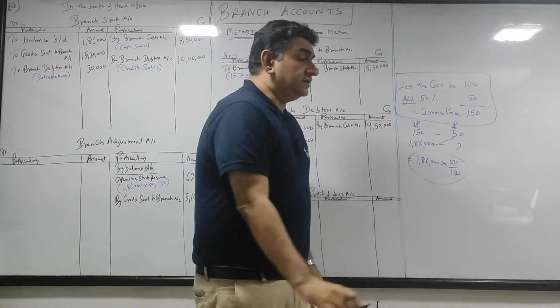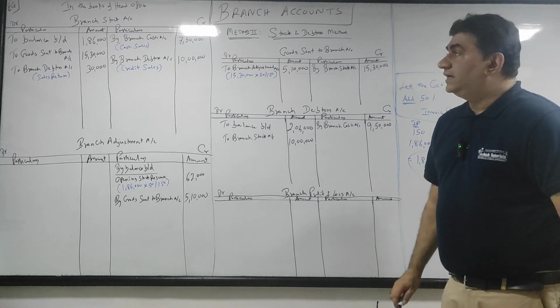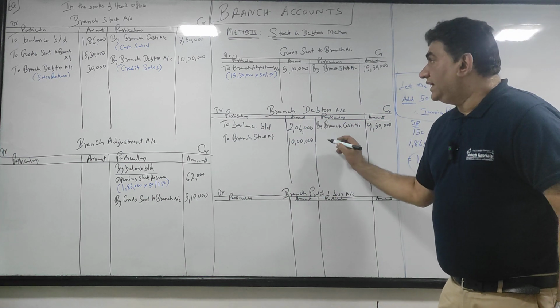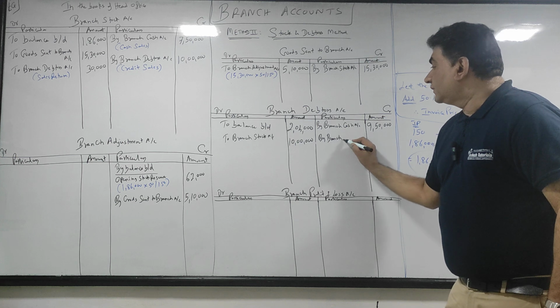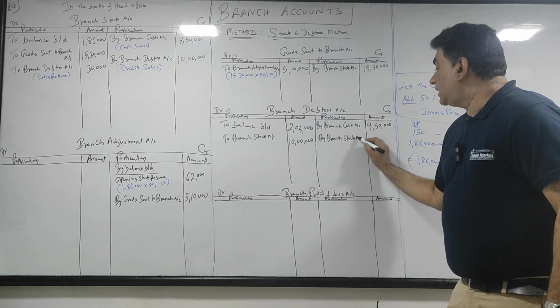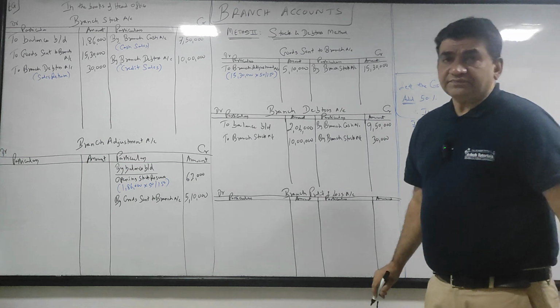To branch debtors, sales return, amount is 30,000, and in debtors, by branch stock account 30,000.